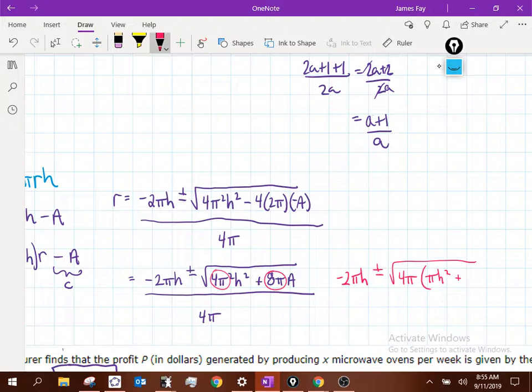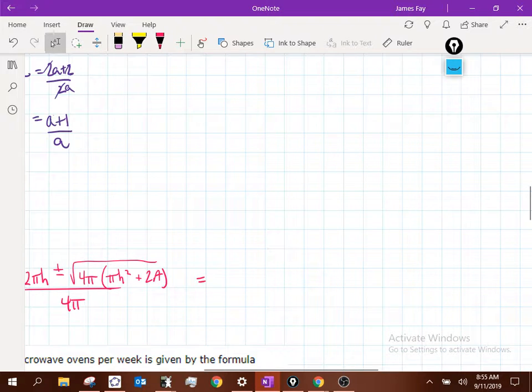Okay. So pi h squared is what we get when we factor this 4 pi out, and then here when we factor 4 pi out, we're going to get 2a, right? All over 4 pi. Then what they do to get their answer is, I have 2 pi h plus or minus. Now this is a product of two things under the radical, right? So you can write that as this.